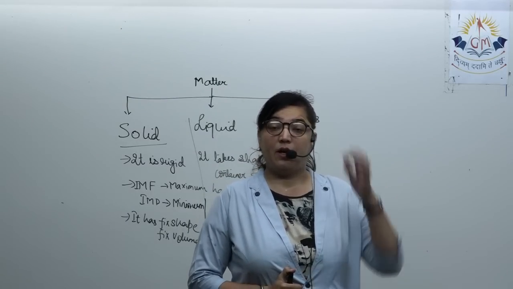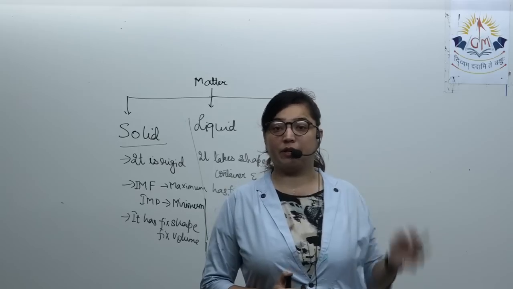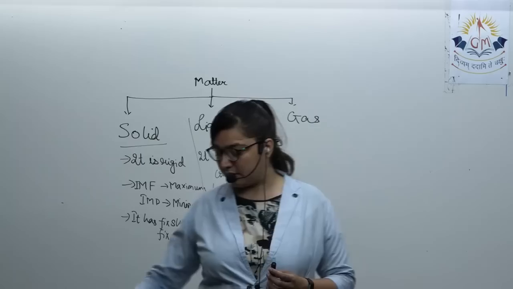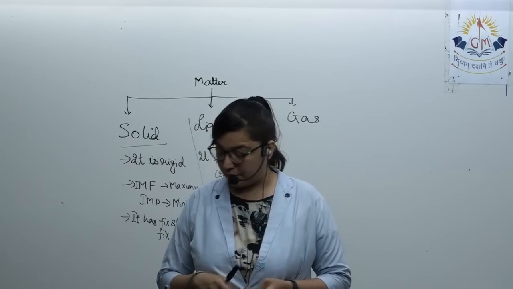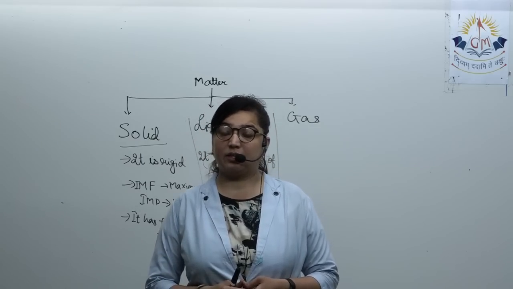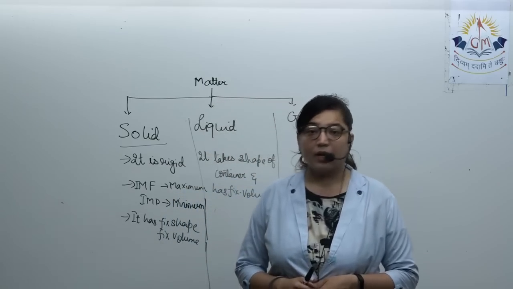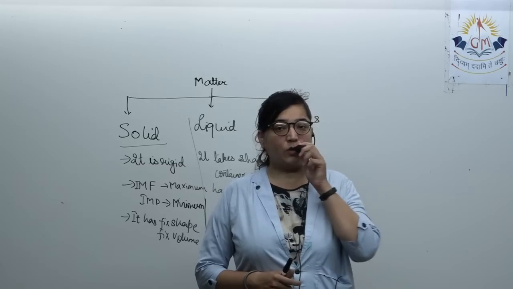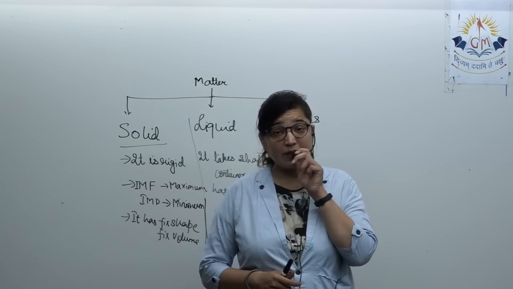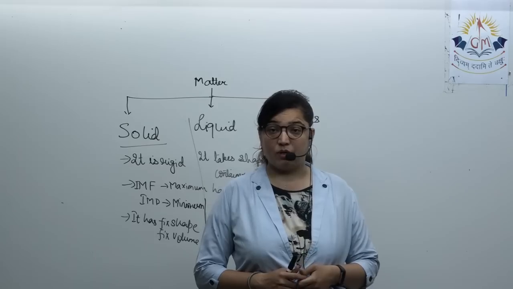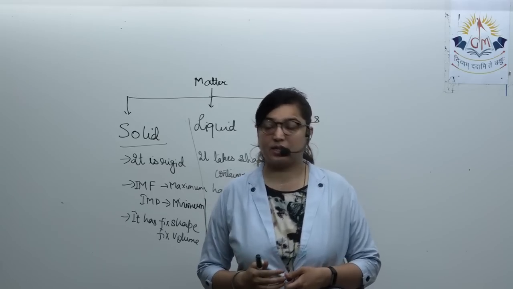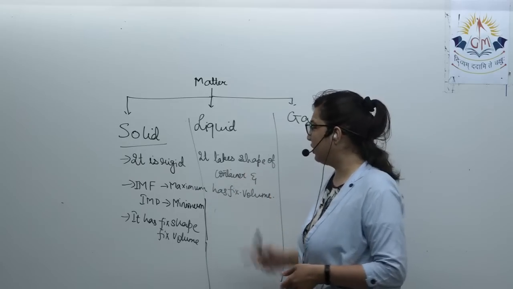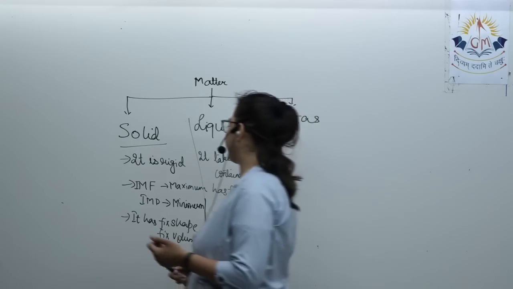If you take 100 ml of water in a bottle, it will be arranged in the shape of the bottle. But if you take the same water in a glass, it will change into the shape of a glass. So the liquid has fixed volume, but it occupies the shape of the container.